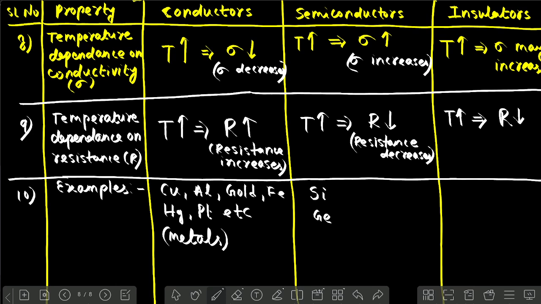What are examples of insulators? Very good. Wood, plastic, mica, diamond, glass, etc.